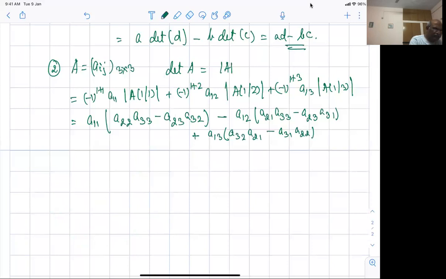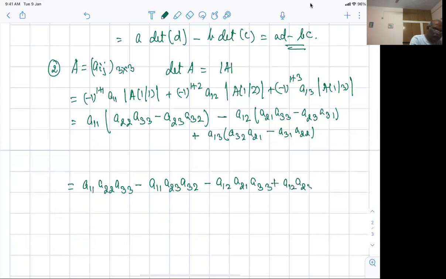So what I get here is the same as A11 A22 A33 minus A11 A23 A32 minus A12 A21 A33 plus A12 A23 A31 plus A13 A32 A21 minus A13 A31 A22. All right.